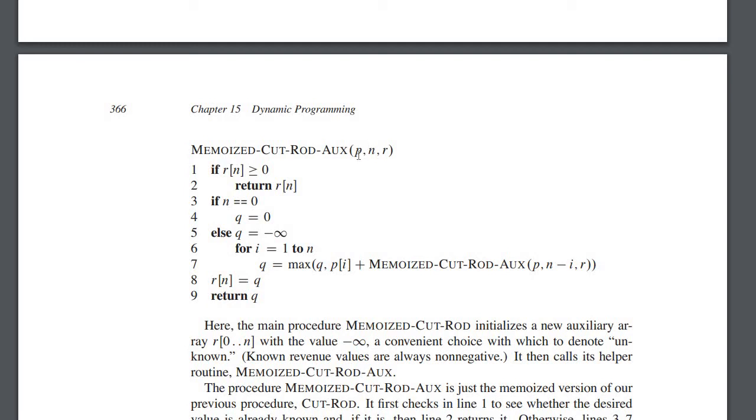So if n is 2 and it was previously calculated, because initially r of 2 was keeping the value of minus infinity, but if we have already passed through the path, then r of 2 definitely contains a value which is not minus infinity. At that time we don't need to enter the for loop and call the function again and again. We just simply return the value at that point.